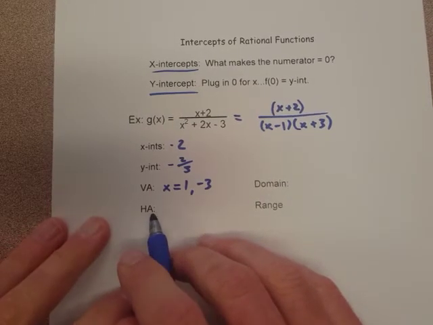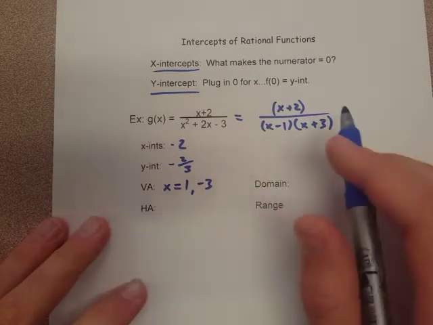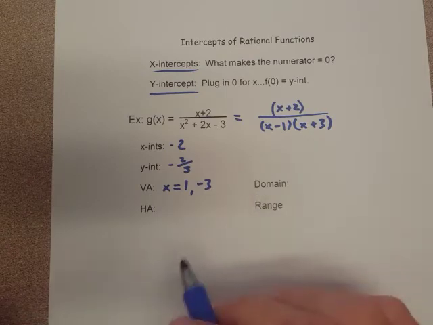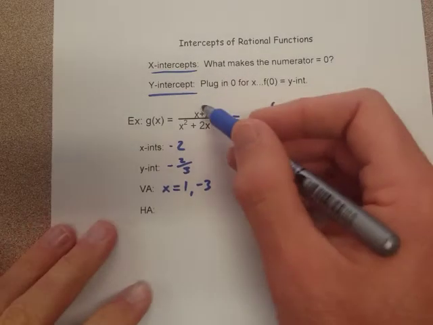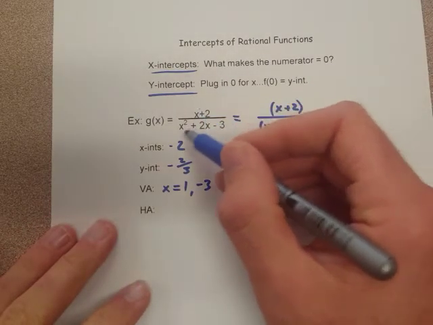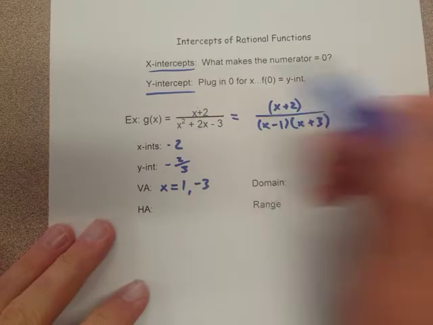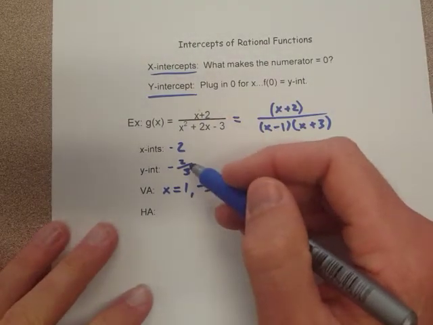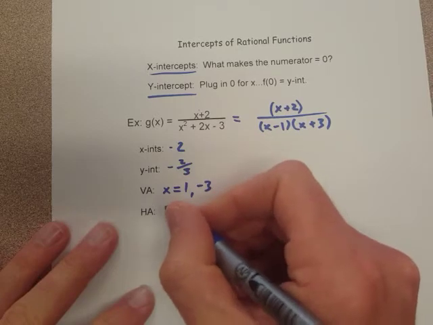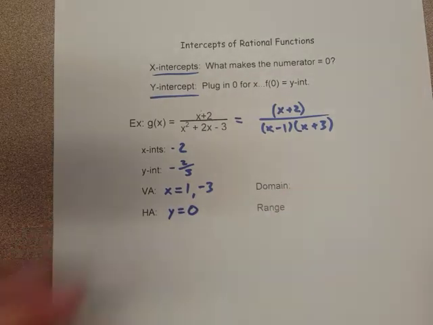Horizontal asymptote, remember that is going back to our three different cases: top heavy, bottom heavy, or equal degree. In this case, notice that we have x to the first over x squared, which means that this is bottom heavy, and so there's only one option here, and that's y equals 0 as the horizontal asymptote.